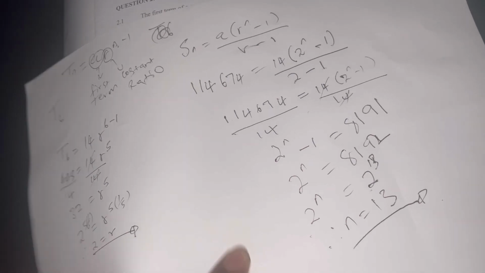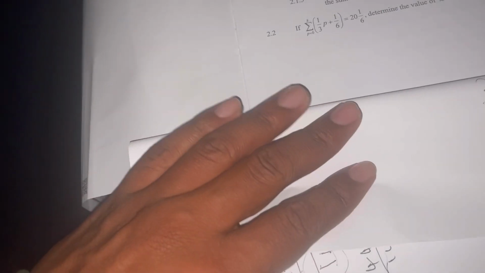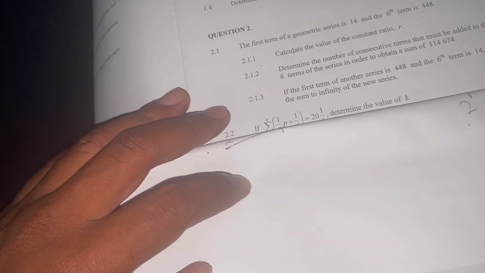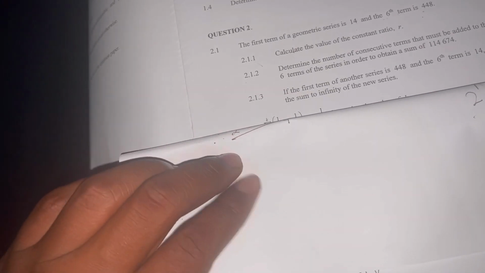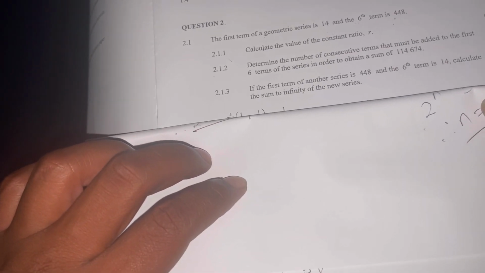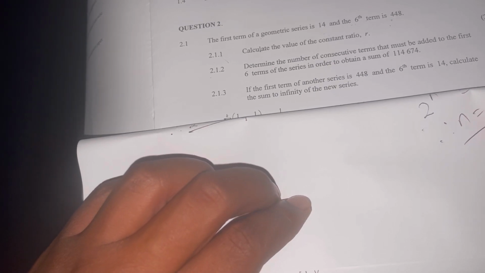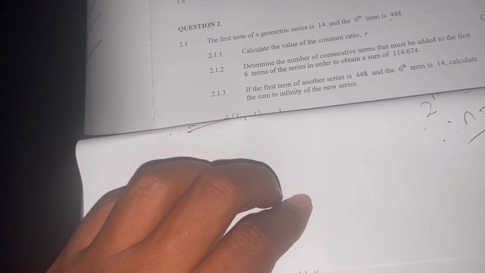Okay, that's it. Moving right along to 2.1.3. If the first term of another series is 448 and the sixth term is 14, calculate the sum to infinity.